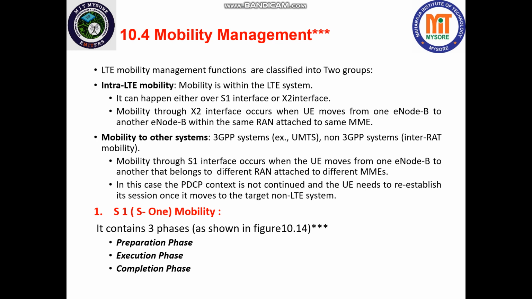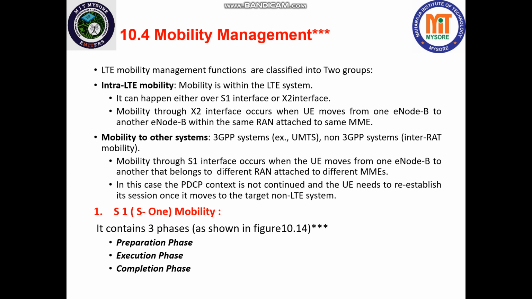So when you move from one cell to another cell, there should be a communication between this cell's e-node B and the next cell's e-node B, so as to hand over your information to maintain proper connectivity and good signal strength.